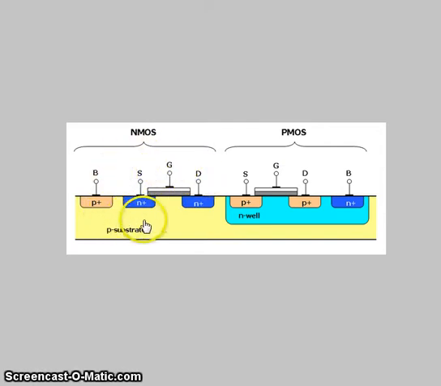For each of these, their substrates will either be connected to ground, or, in this case for PMOS, to a high voltage, the highest voltage in the integrated circuit. And what we will discover is that, properly connected, current will be allowed to travel when the transistor is attempting to turn on by making the gate voltage high with respect to the source.